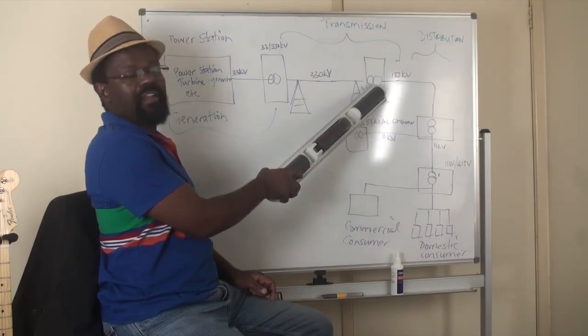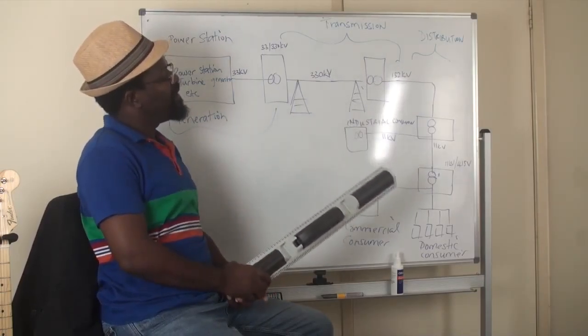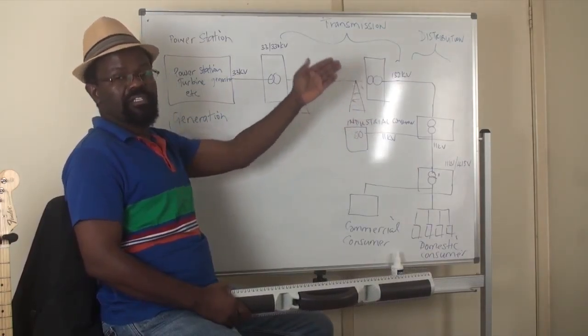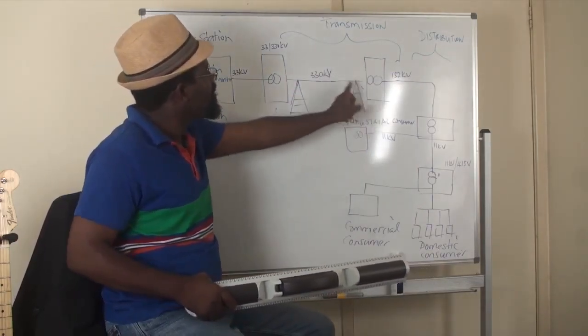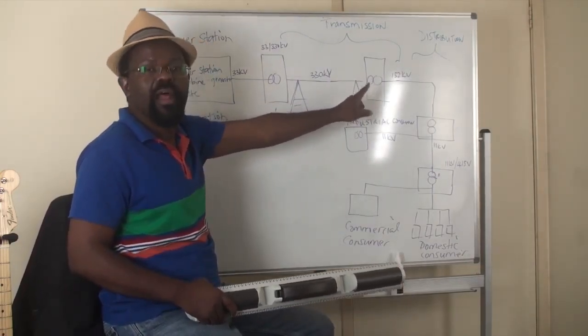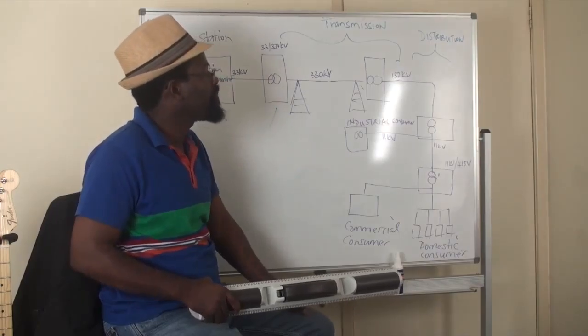This is the receiving end, and there is another transformer which steps down the voltage from 330 kV to 132 kV.